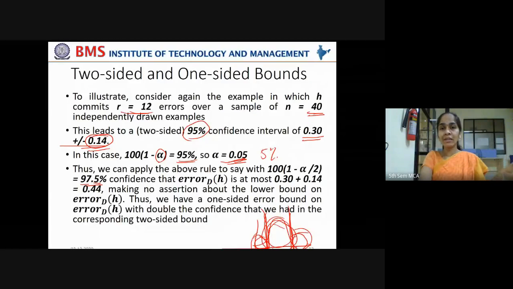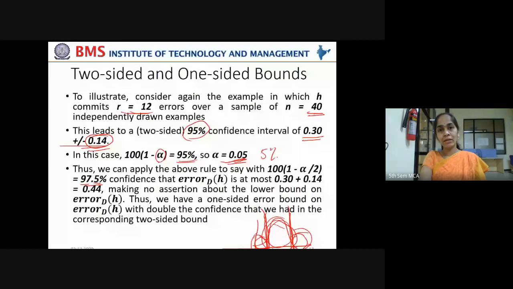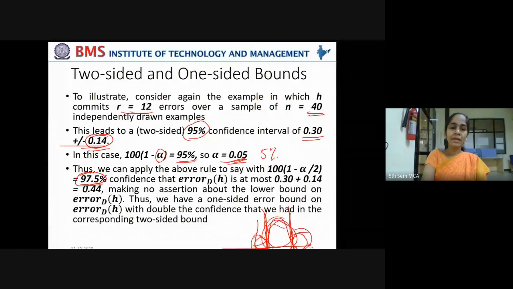Now on the lower bound, there is a relaxation, so you are adding that 2.5 to the confidence. So your confidence now becomes 97.5% that the true error is at most falling into this particular range, that is 0.44.